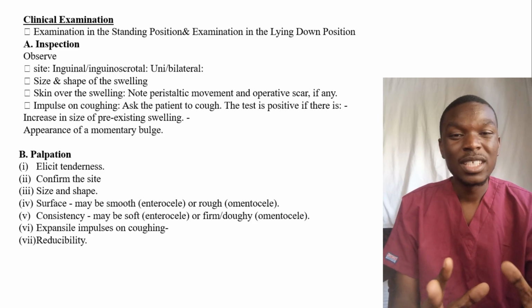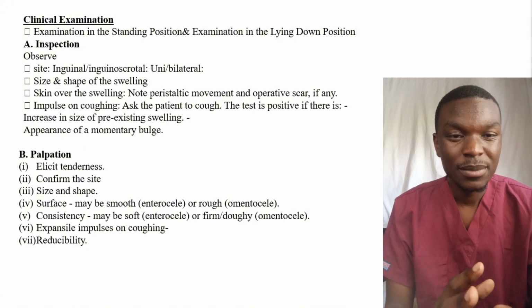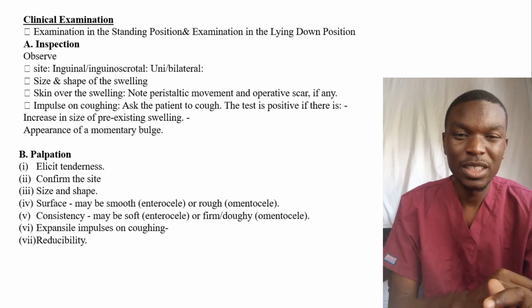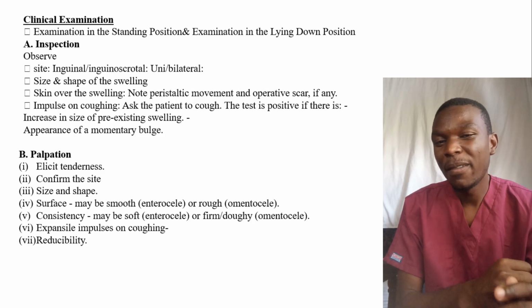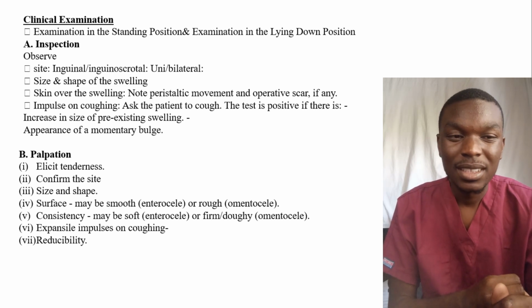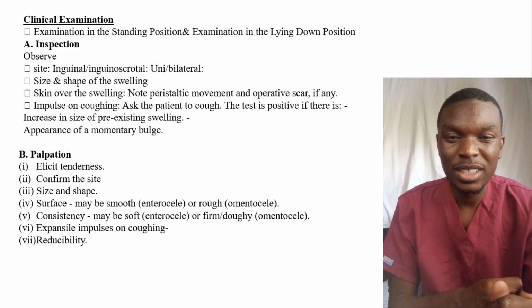As you're examining the swelling, remember never to forget to examine the opposite side. So the patient tells you the swelling is on the right side of the abdomen, or you say left. Then never forget to do a digital rectal examination.